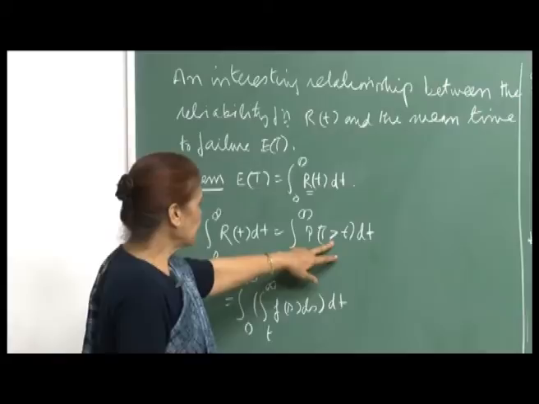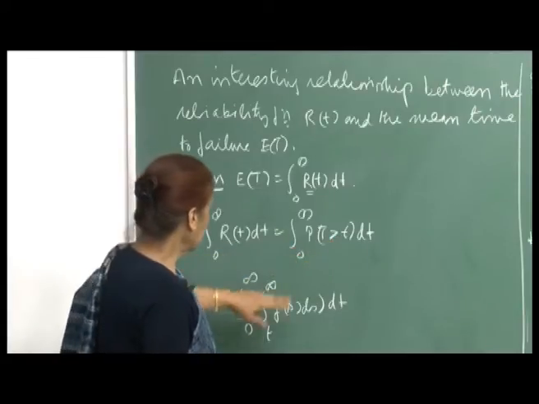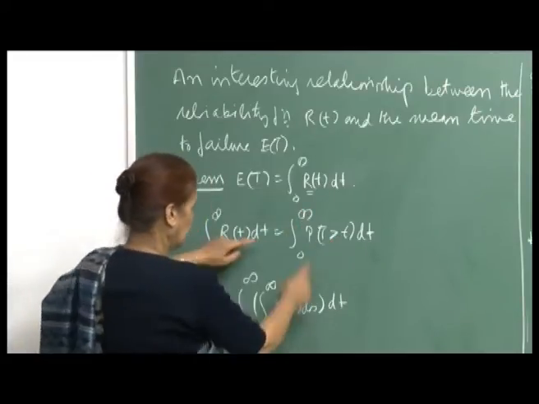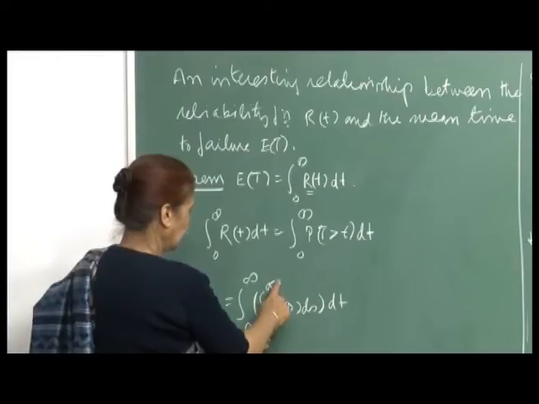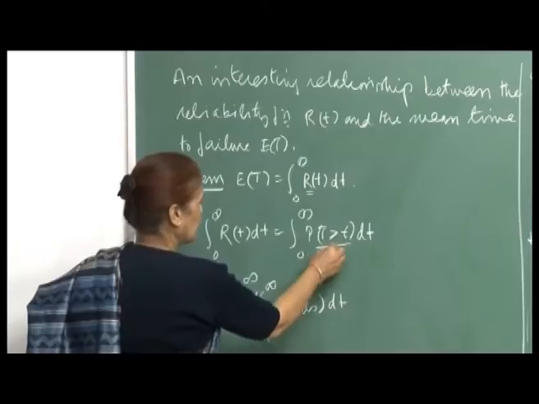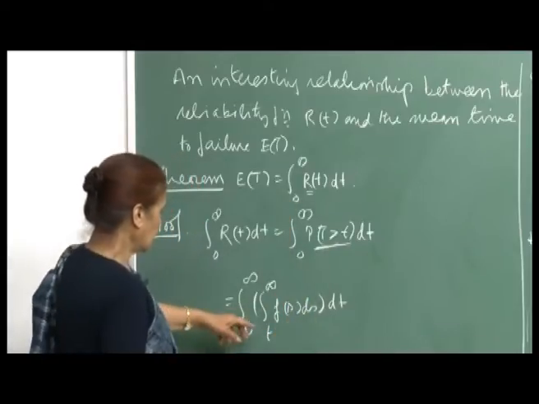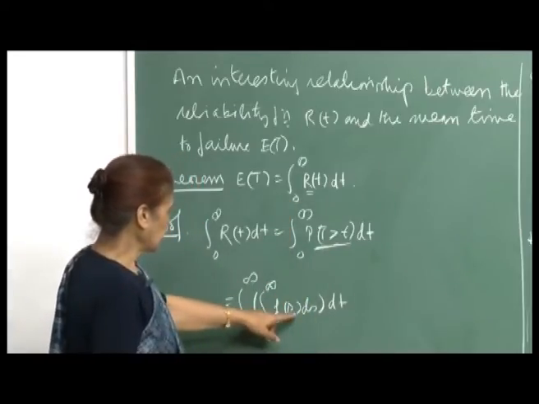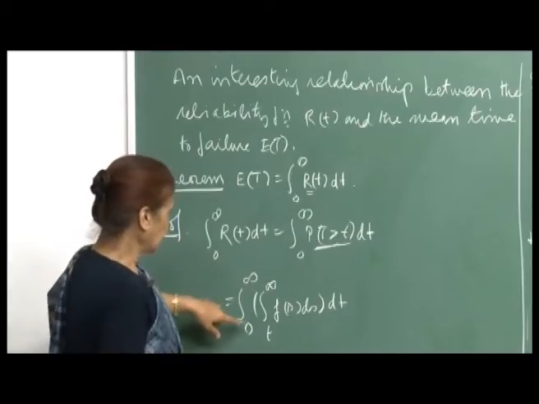So probability T greater than t, I can write as integral t to infinity of f(s) ds. That's what we wrote down just now. So it is t to infinity f(s) ds and then 0 to infinity.